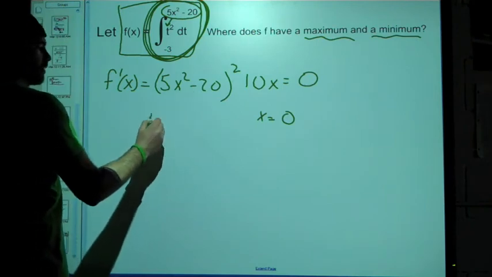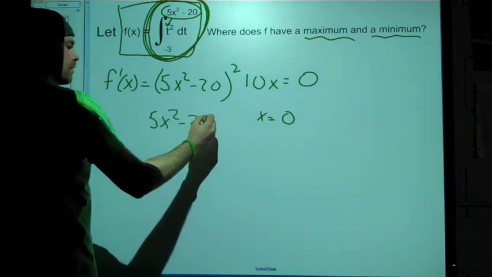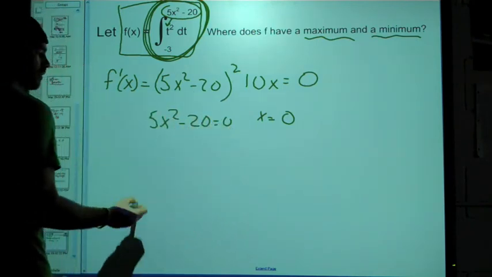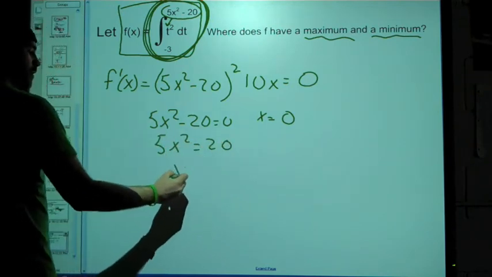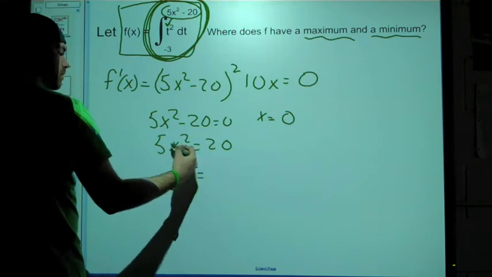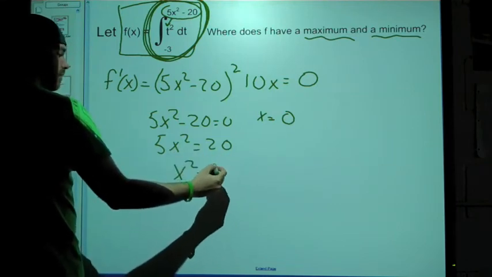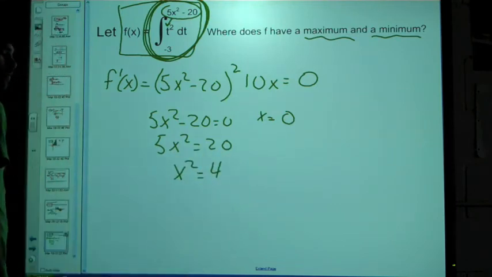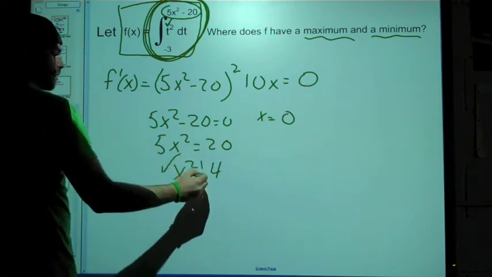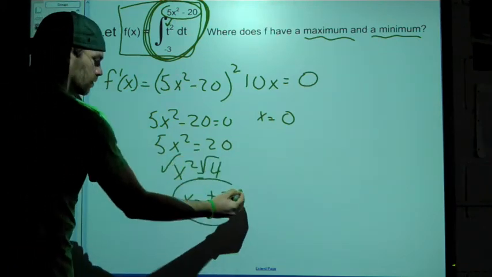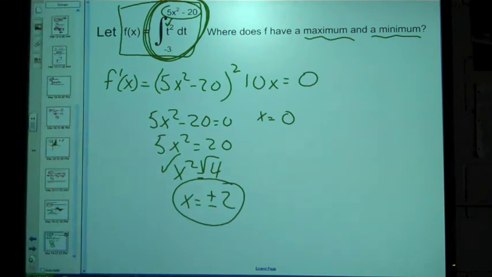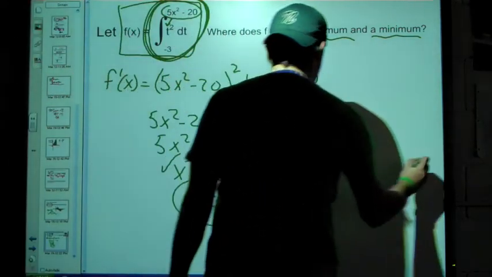On the inside, 5x squared minus 20. 5x squared equals 20. X squared equals 20 divided by 5, which is 4. Square root, x equals plus or minus 2. So my zeros are 0, positive and negative 2.